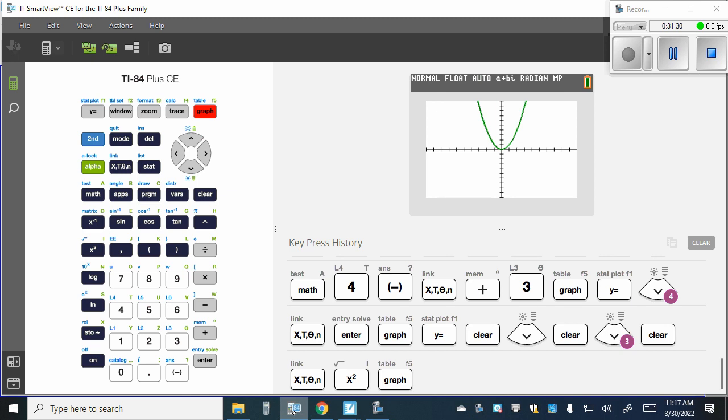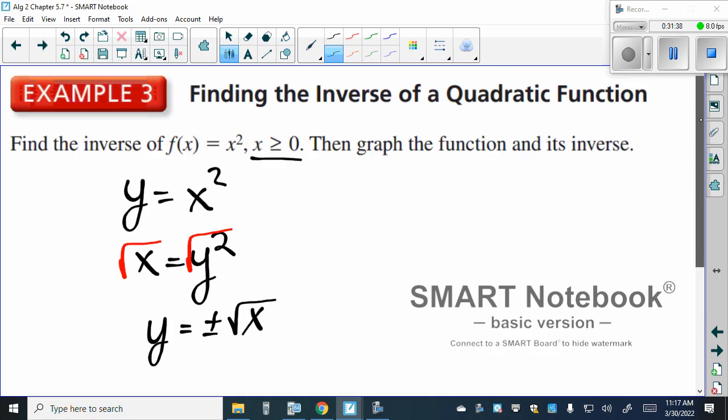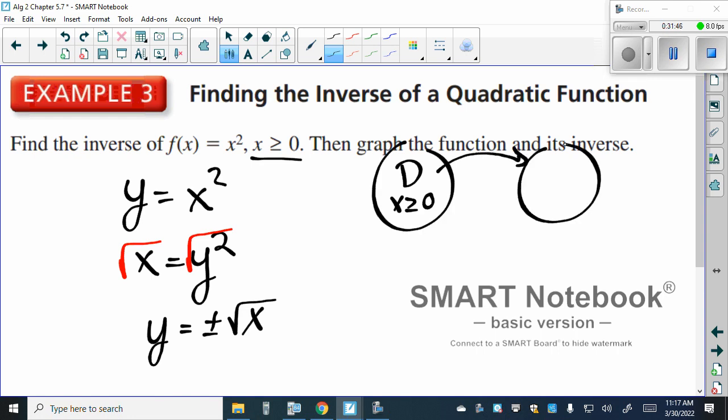What are all the y values? They are all positive, yes? So, in the original function, the domain was all values of x greater than or equal to 0. And that mapped to the range, which are all values of y that are greater than or equal to 0, yes?